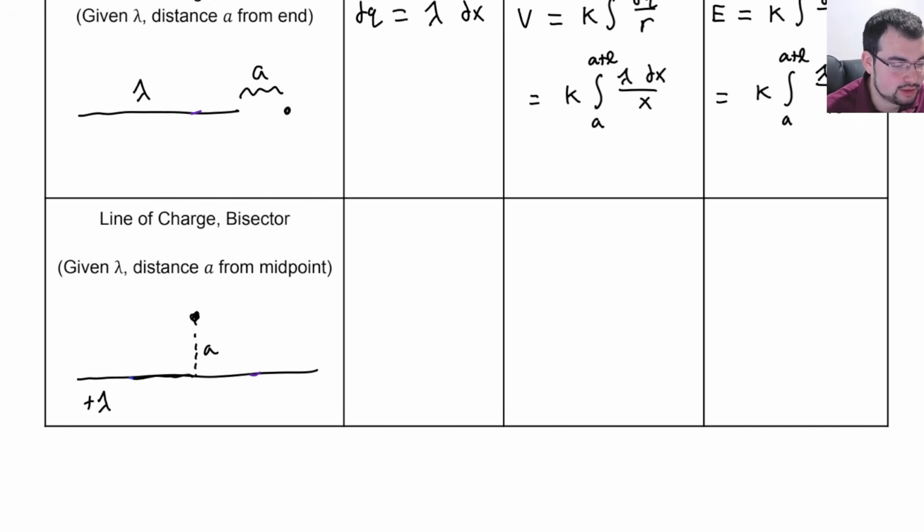Then for the bisector, you only have to set this one up. So the difference for the bisector is if we look at different points along here, once again, we're going to get another trig factor. If your pictures look like this, it'll be sine, but if they're rotated, it of course can be cosine.